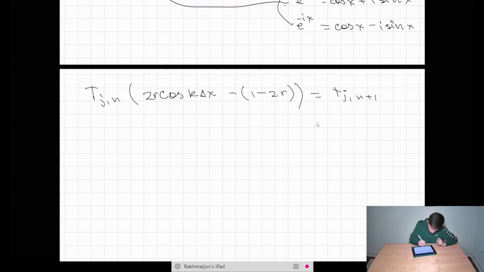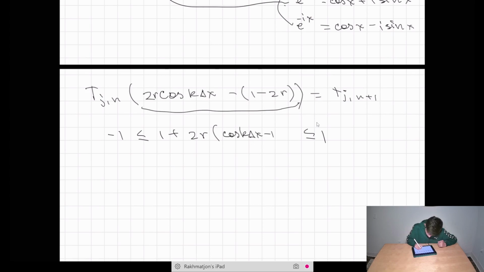Now I'm going to consider the thing I have in the middle. That should be bounded between negative 1 and 1. If I factorize 2r, I can write it as 1 plus 2r times (cosine of k delta x minus 1).